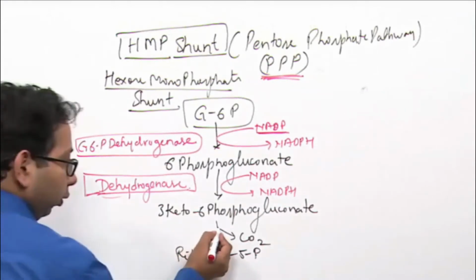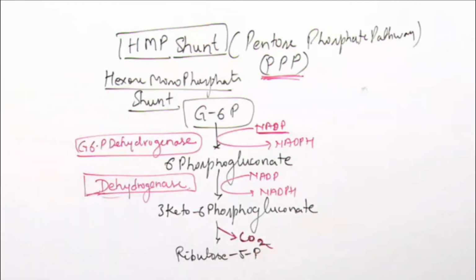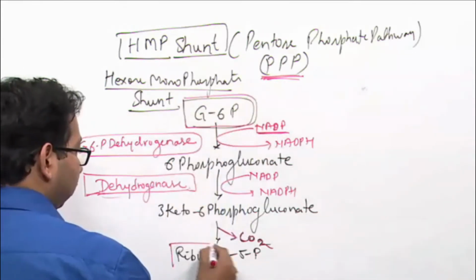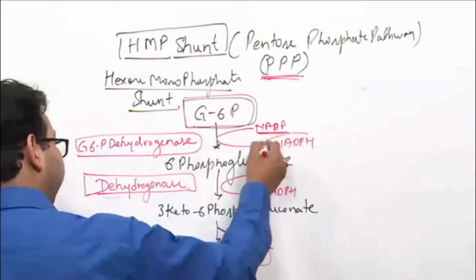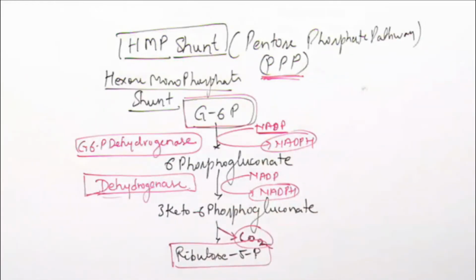The conclusion is that glucose 6 phosphate is converted to ribulose 5-phosphate. In this conversion, 2 NADPH are produced and 1 CO2 is released.